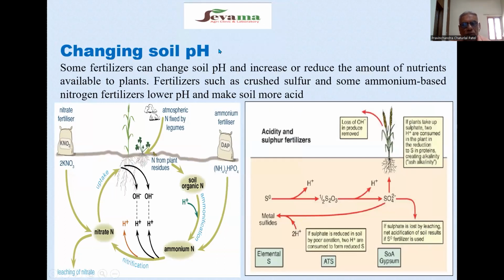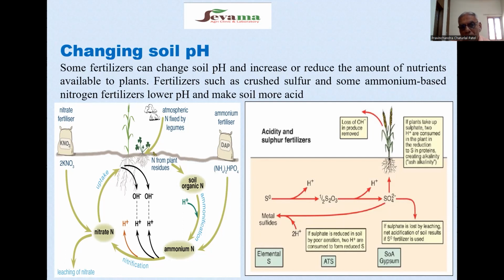Changing soil pH: some fertilizers can change soil pH and increase or reduce the amount of nutrients available to plants. Fertilizers such as crushed sulfur and some ammonium sulfate nitrogen fertilizers lower pH and make soil more acidic. So when we use urea or ammonium sulfate, the soil pH declines.